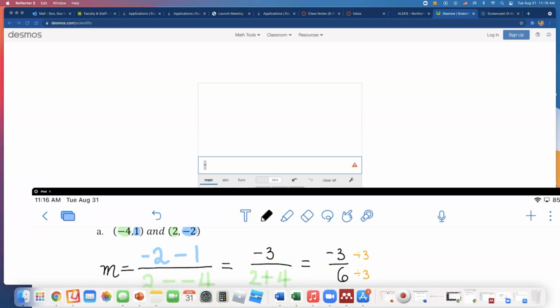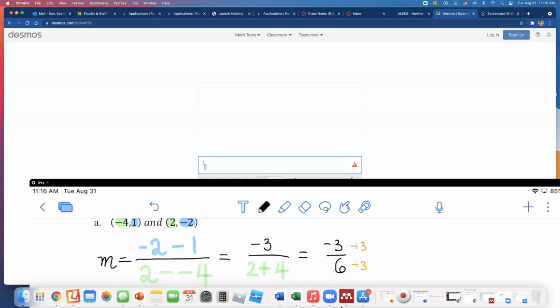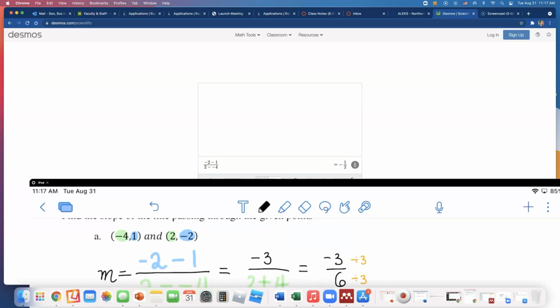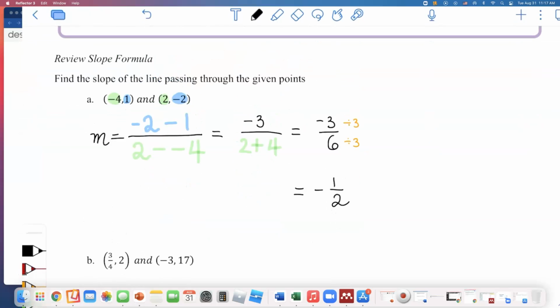On top of the fraction, I type -2 minus 1. The bottom of the fraction, I type 2 minus -4. And that comes out to be -0.5, which I convert into a fraction, and it gives us -1/2. So if you want to check your answer, you can use a scientific calculator. Let me do one more.